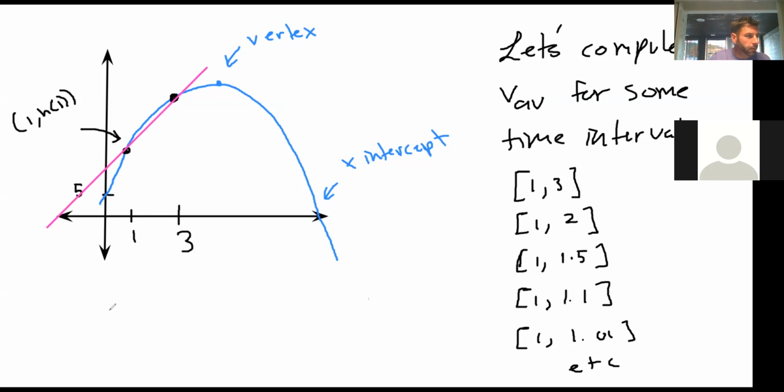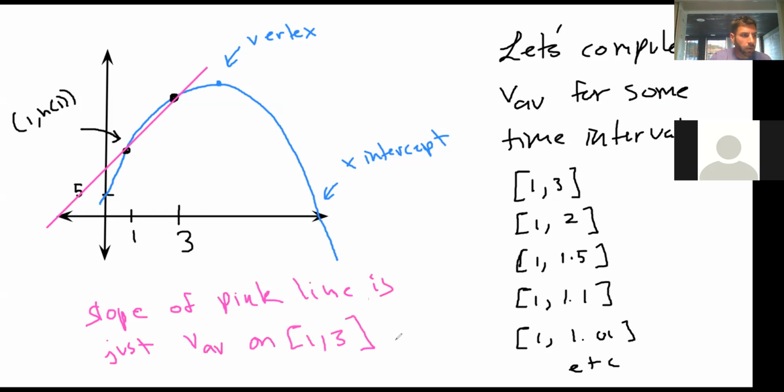The slope of the pink line is just the average velocity on the interval 1 to 3. So what was your average speed, if you will, from 1 to 3 seconds?